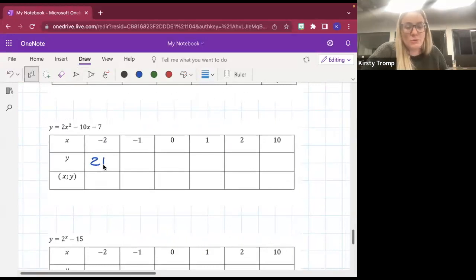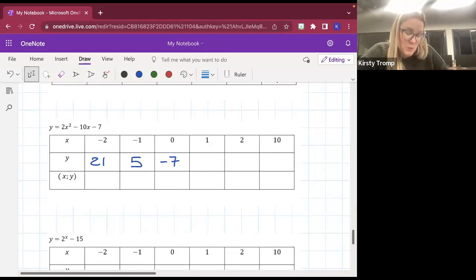Fantastic. When x is -1, what is y going to be? We put it into our calculator and we get 5. Fantastic. When x is 0, y will be -7.